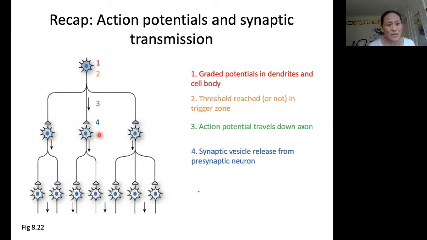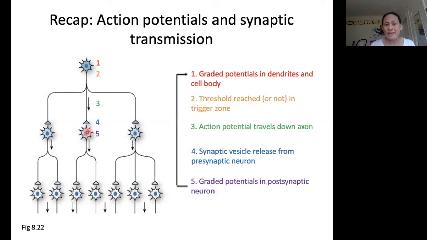That neurotransmitter then gets detected on the postsynaptic cell, and that leads to our PSPs, our postsynaptic potentials, which are graded potentials, okay? Now, that graded potential in this cell is analogous to the graded potential we saw up here, right? So now we're going to go through the same series of steps.